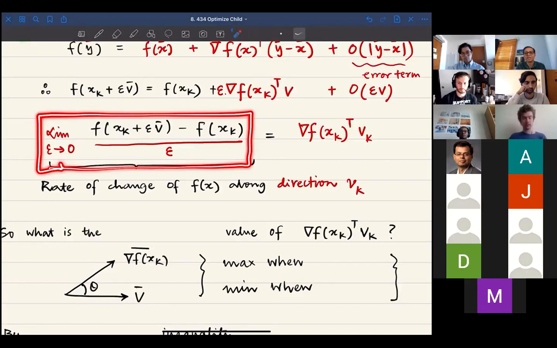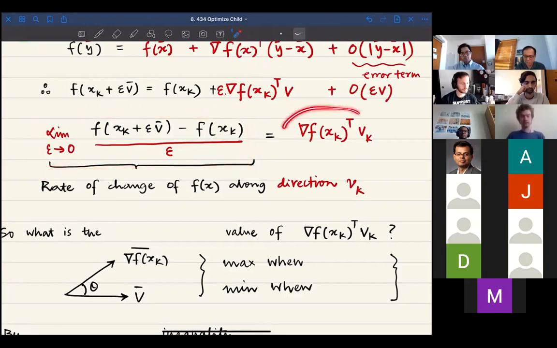In fact, this is almost your definition of differential, right? And that turns out to be this value. So if this value is negative, that means you're going downward. If this value is positive, you're going upward, right? If this value is negative and large, that means you're going down a lot.